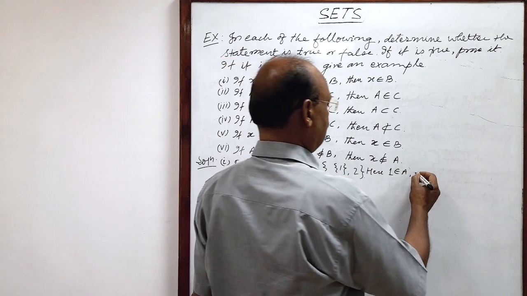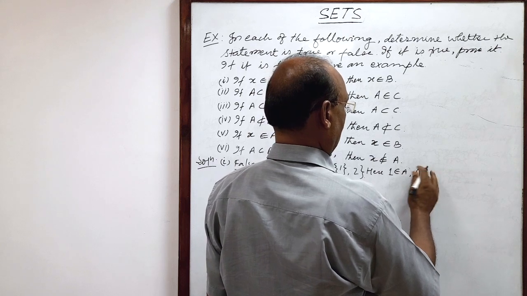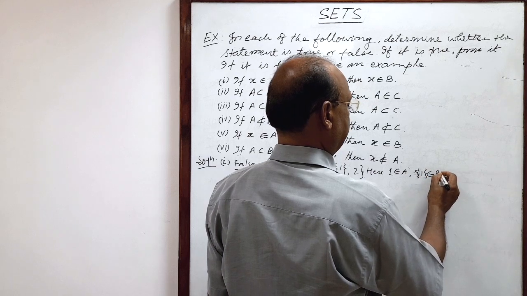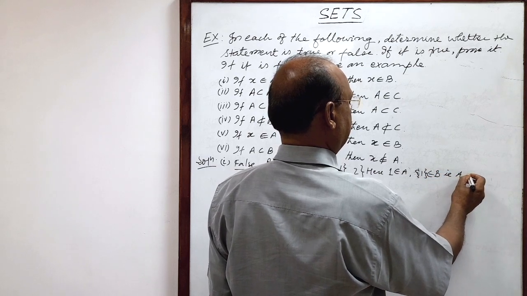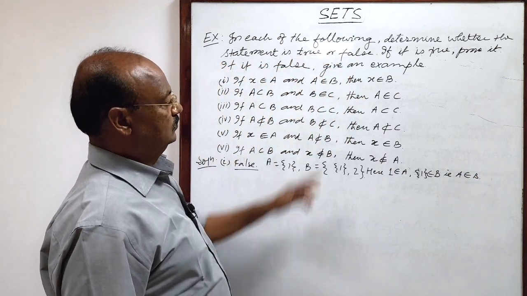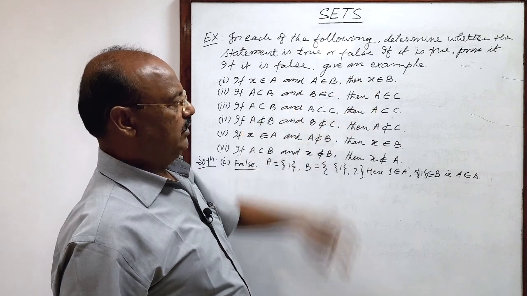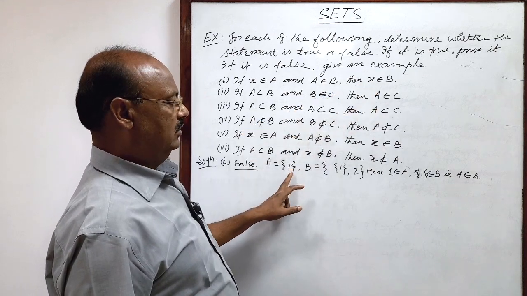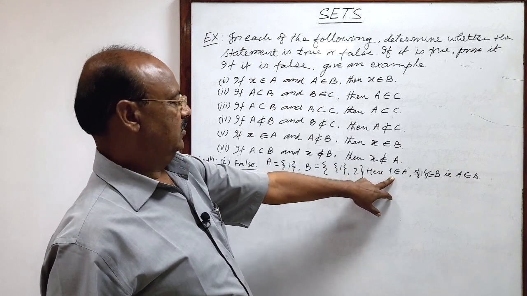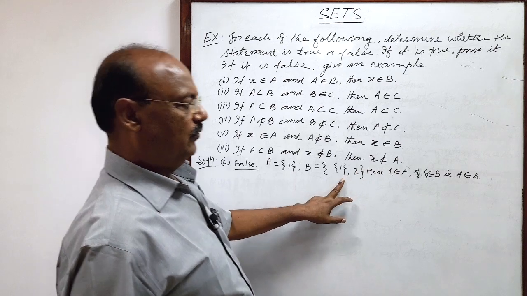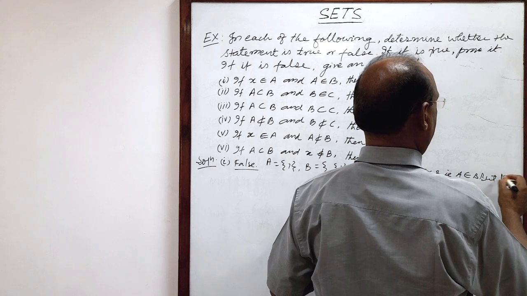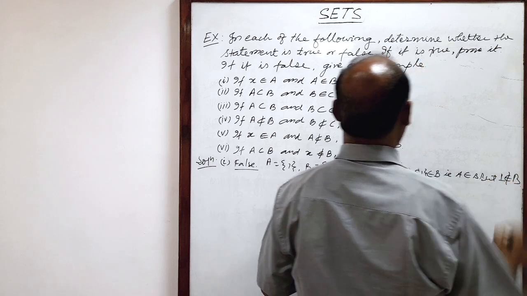So you can say this 1 belongs to set B, that is, element A belongs to set B. But is it right, X belonging to B? X is here 1. But 1 is not belonging to B here.